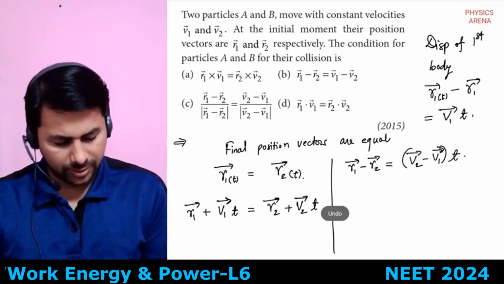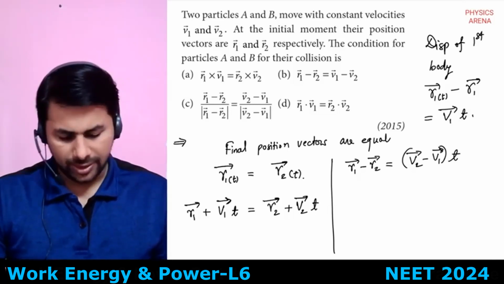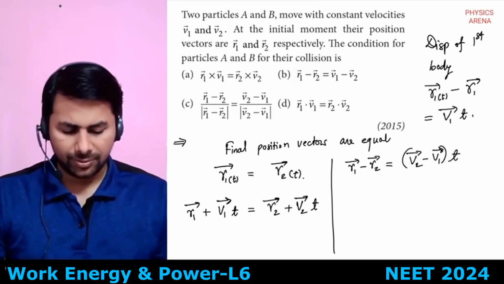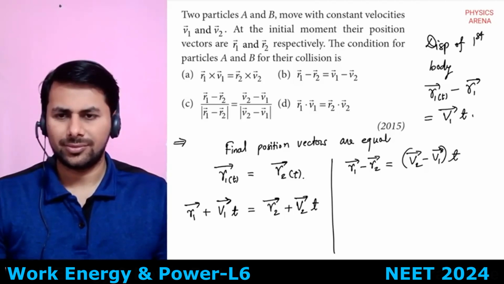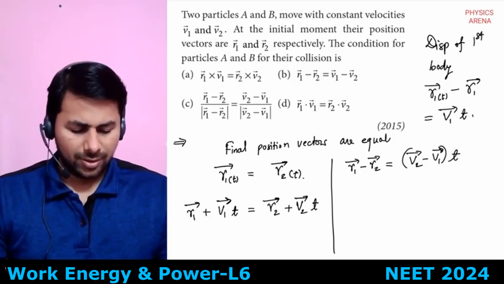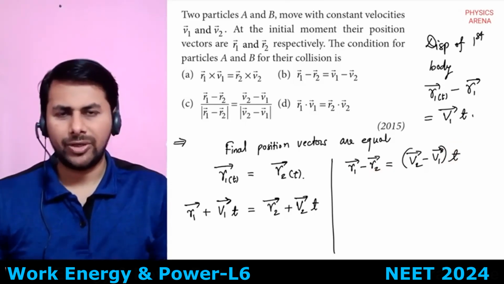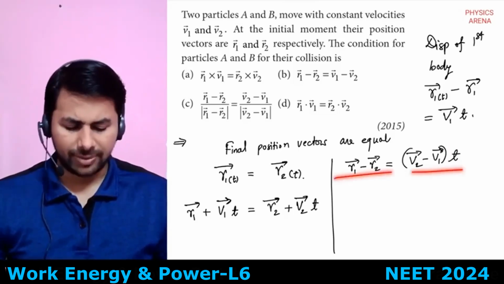So r1 bar minus r2 bar is v2 bar minus v1 bar into time t. Which of the options is correct? Can you tell me? R1 bar minus R2 bar is something multiplied by V2 bar minus V1 bar, so these two vectors are parallel to each other.